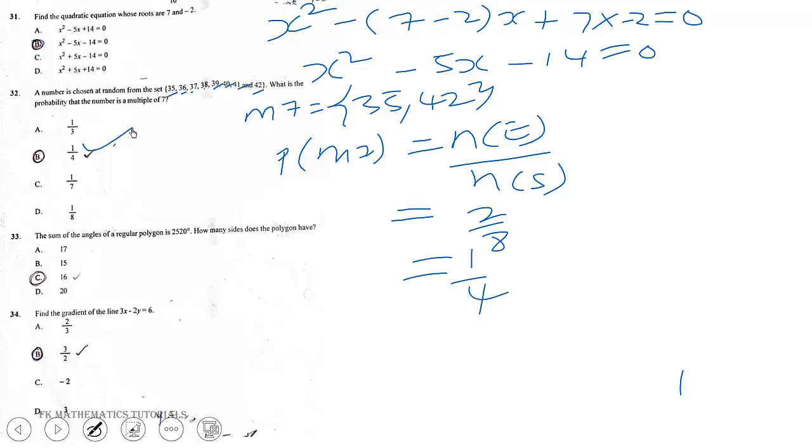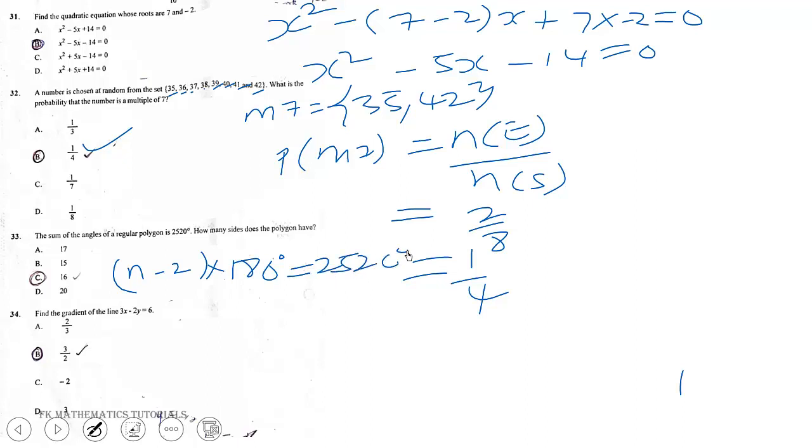The sum of the angles of a regular polygon is 2520. How many sides does the polygon have? So this is given by n minus 2 times 180. That is the formula that gives the sum of angles of a polygon. So n minus 2 times 180 degrees is equal to 2520 from the question.